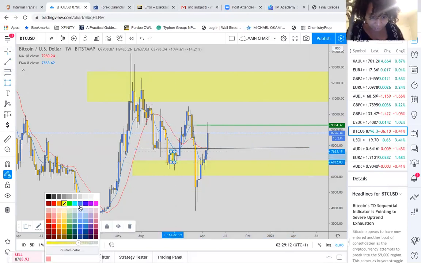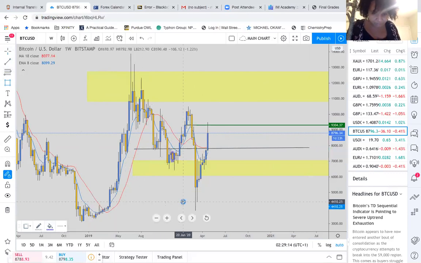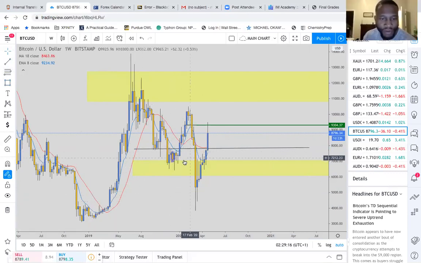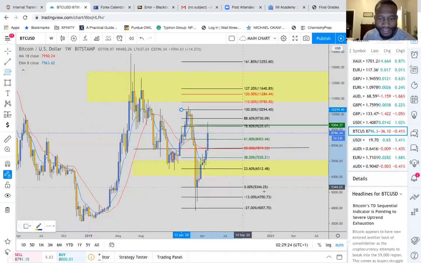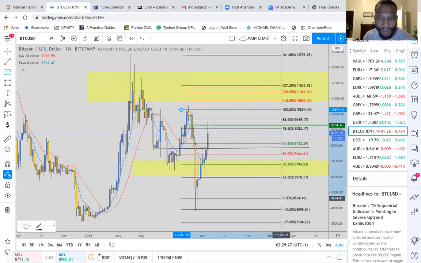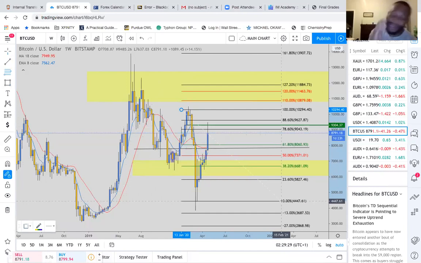Awesome. Y'all paying attention. So now, if we know structure broke, and a retest happened, if we draw fibs, look at this, y'all. Where we at? I know this might be overload, but y'all got to think with me.